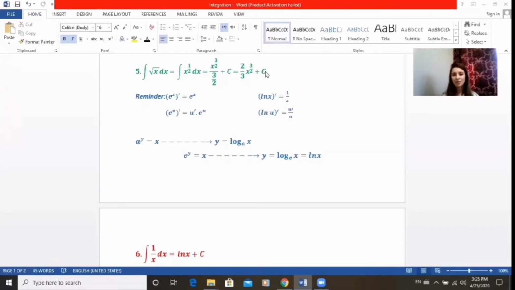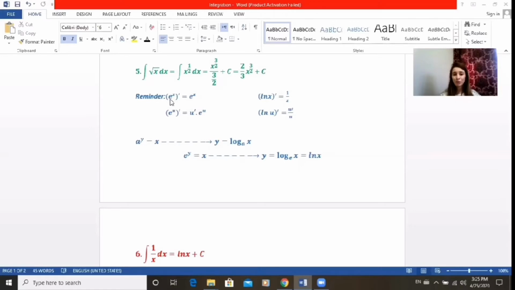As you already have an idea about integration, if you have a function and you take a derivative, I have this function and this is the answer of the derivative. In integration, I need to integrate the derivative to get the function. So integration and derivative are related to each other.